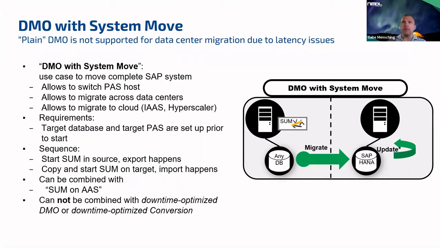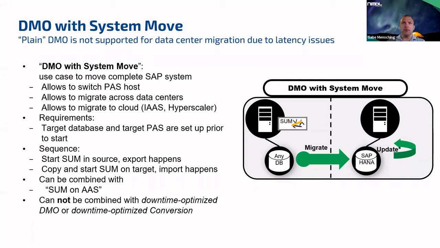They then came out with the SUM DMO, or database migration option, as part of Software Update Manager. This allowed you to migrate to a different database, namely HANA, as part of a one-step upgrade. So if you're coming from something like Oracle, DB2, Microsoft SQL, you can do a one-step upgrade and database migration with one upgrade and one downtime.